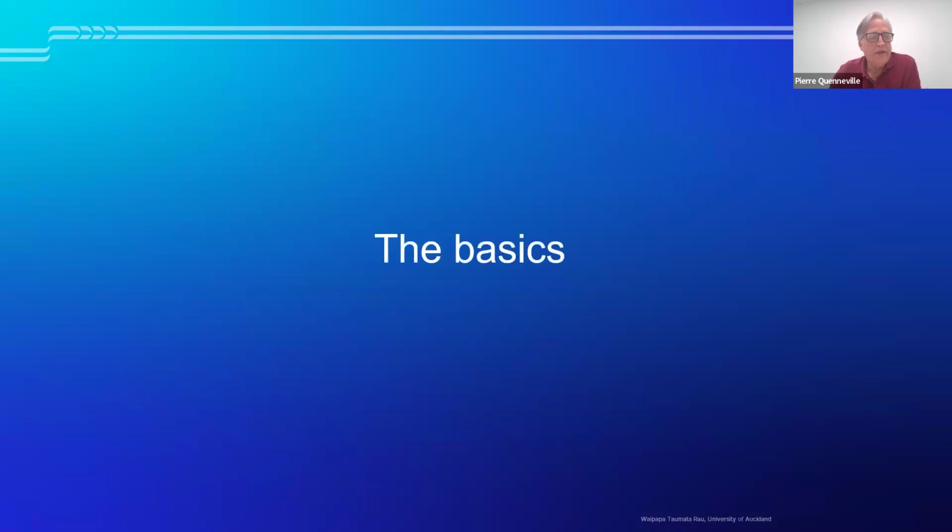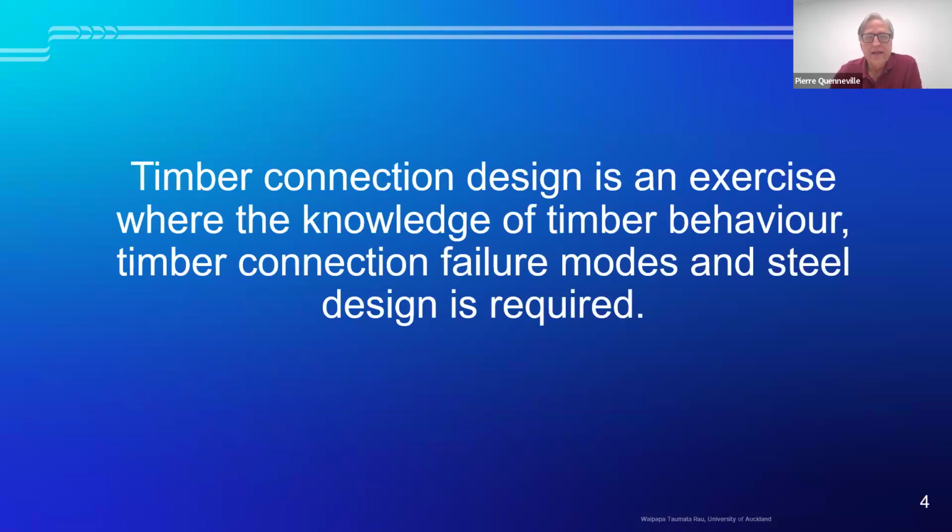So, starting with the basics. I say to all my students that you cannot design timber connections if you don't know steel design. So, to do a connection design, one will have to know about timber behavior. We'll have to know about timber connection failure modes, and we'll need to know about steel design in various aspects.